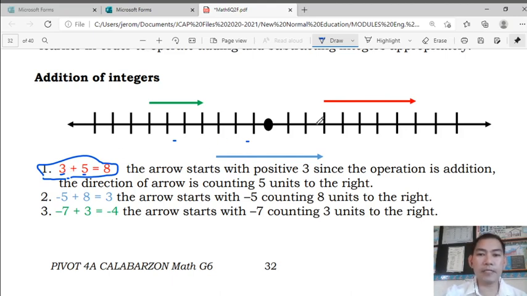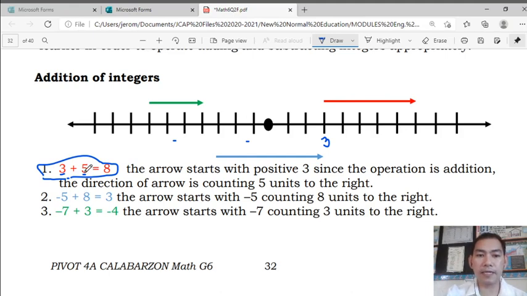Okay? So positive 3, in our number line, we're going to locate positive 3. So 1, 2, 3. So positive 3 is here. Okay? Then, we are going to add positive 5. So therefore, we will use jumps here. And then, where the jumps end, that is the answer.